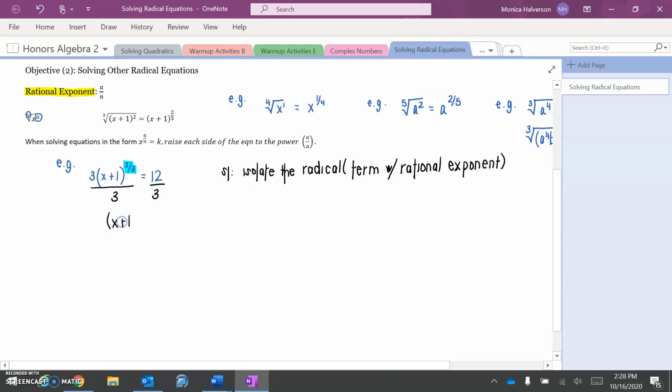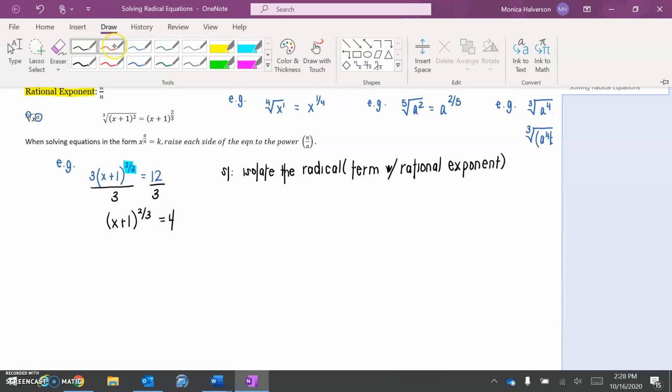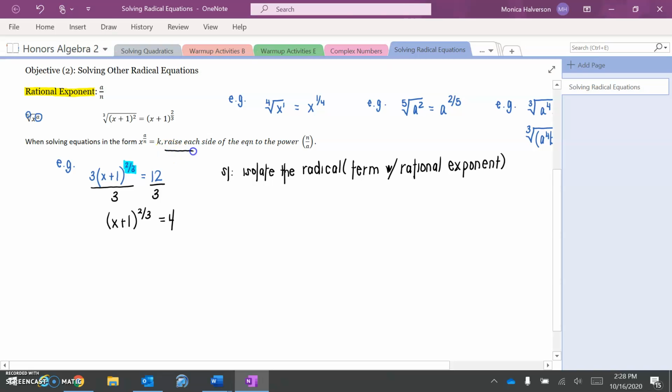And we get x plus 1 to the 2/3 equals 4. Now, if you're ever given a problem as such, when solving equations in this form, you're going to want to raise each side of the equation to the power n over a, the reciprocal of your rational exponent. So that will be step 2.